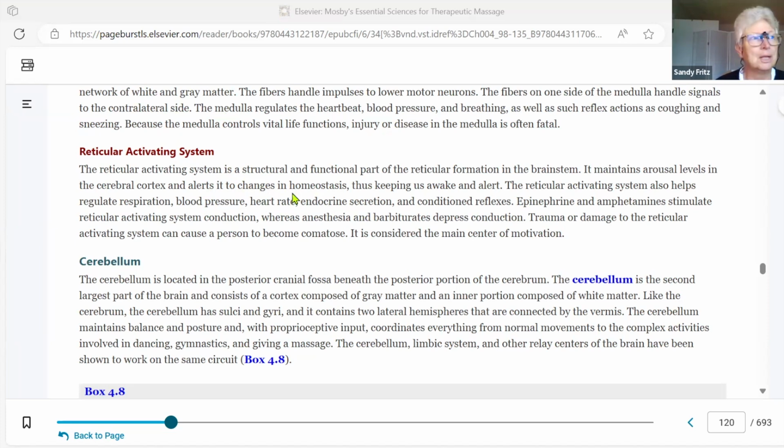And that's why you'll be sleeping and then part of you, that little reticular activating system, is still awake, and you can hear something fall in the house, or you hear a baby cry, or you hear your teenager come in, even though they think they're sneaking in. That's happening here in this reticular activating system.